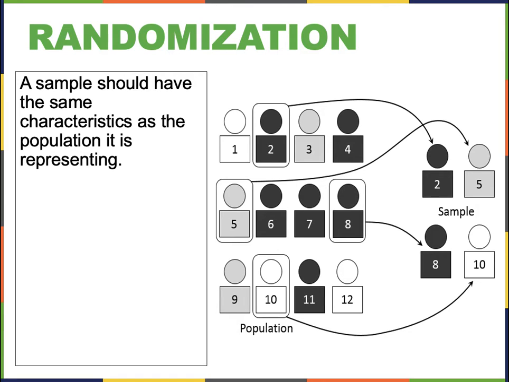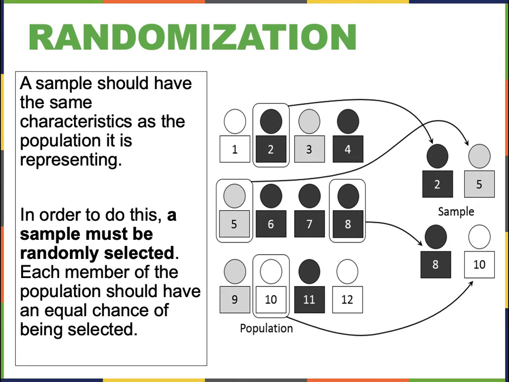Like I mentioned before, a sample should have the same characteristics as the population it is representing. In order to do this, a sample must be randomly selected. Each member of the population should have an equal chance of being selected. And we see an example of random selection in this image.